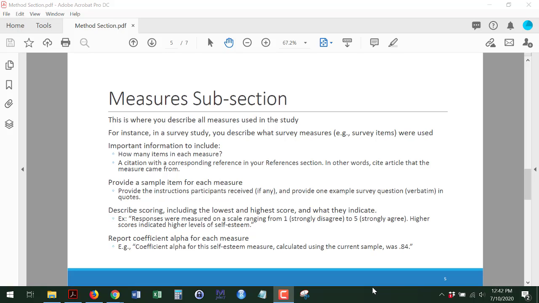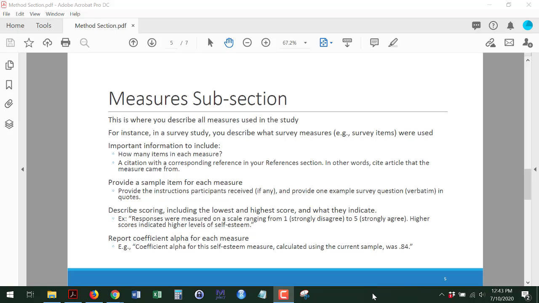Higher scores indicated greater levels of self-esteem. So talk about what the low point means and what the high point means. It's not always going to be strongly disagree is 1 and strongly agree is 5, but make sure whatever that response scale is that you accurately describe it and tell us what those high and low points mean.